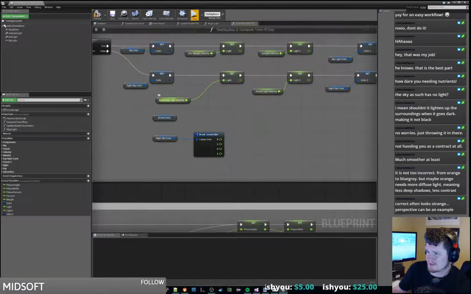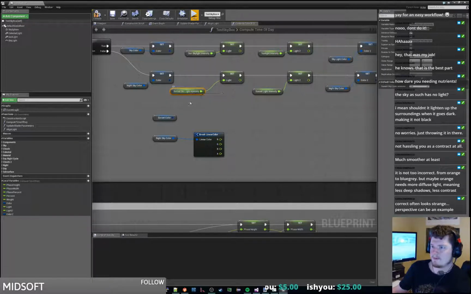I mean, this is basically like, we should be setting our color, and we should be going towards what should be the night color.